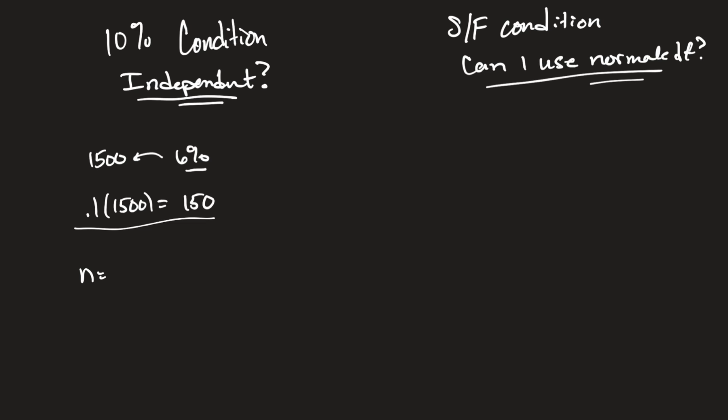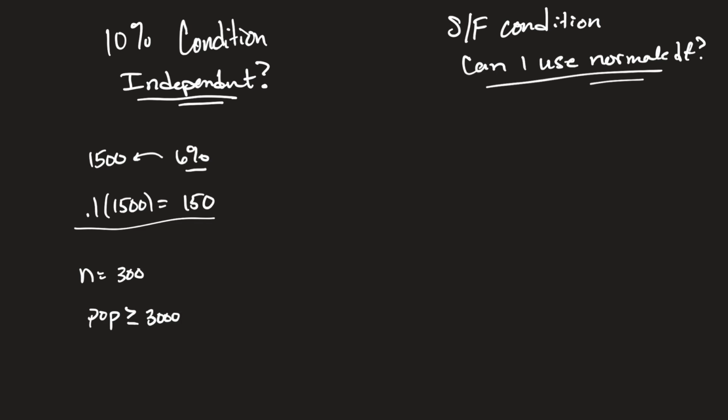Most of the time, I don't really know the population, so it usually works backwards. Sometimes I'm going to tell you that you have a sample size of 300. That sample size of 300 needs a population greater than or equal to 3,000 people, and as long as my population is larger than that, I am satisfying the 10% condition.